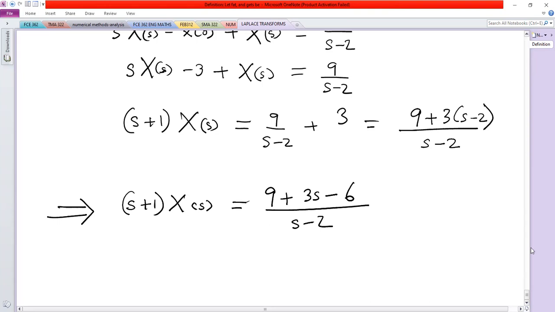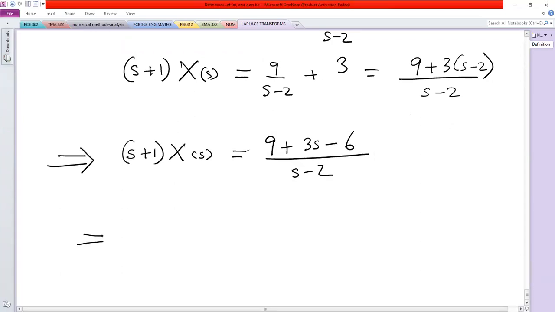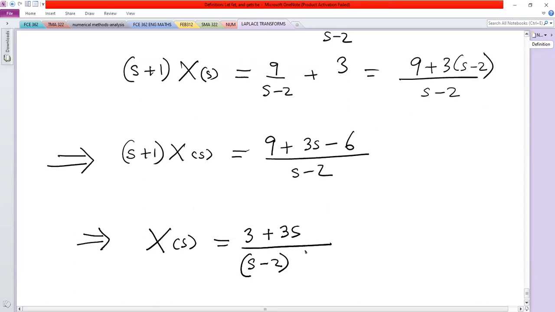On further simplification, 9 minus 6 is 3, so it'll be (3 plus 3s) over (s minus 2), and then we divide through by (s plus 1).